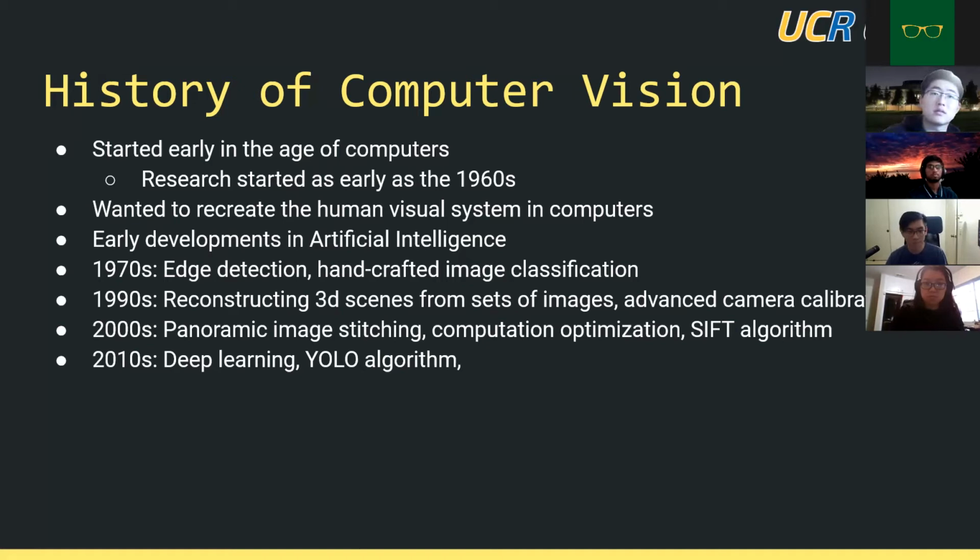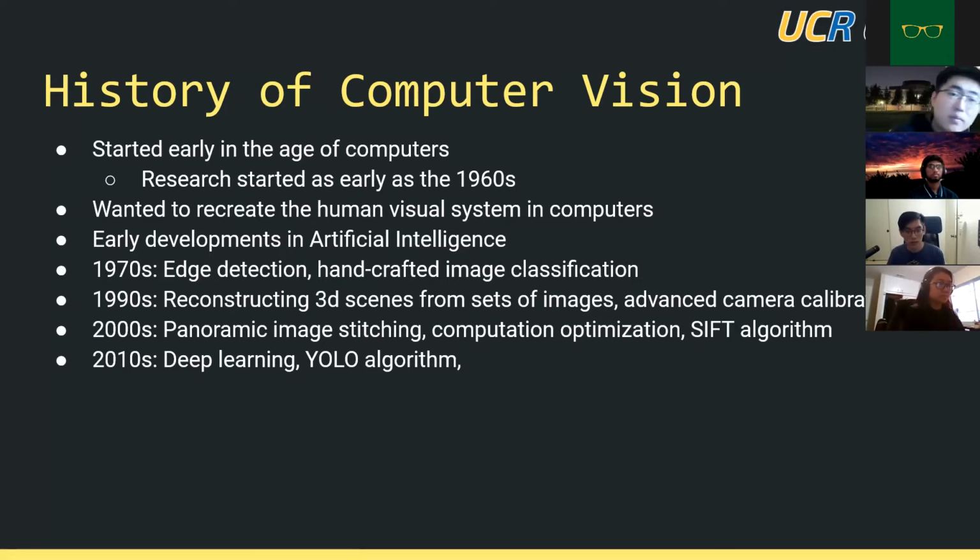Starting around the 1970s, they started to find out how we can see whether there's edges on an image, as well as seeing if we can, with hard coded values, find whether certain images have different objects. So we could write very exact values to say, okay, if I put in a picture of a bicycle, it will tell me if it's a bicycle or not. If I put in a picture of a camera, it'll tell me if it's a camera or not.